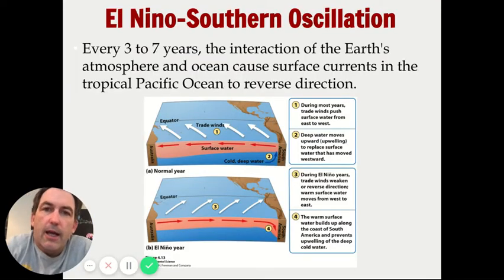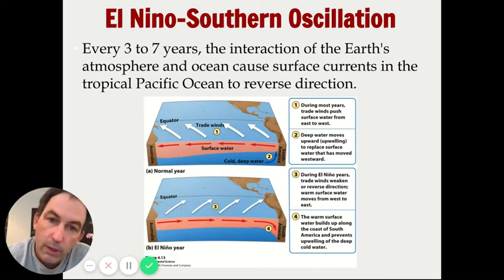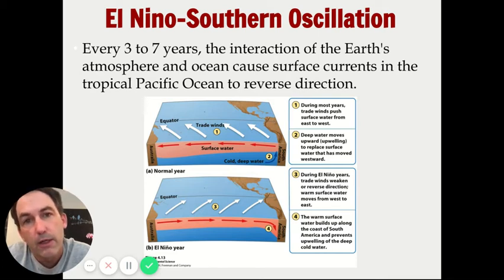Okay, another aspect of this is the idea of this oscillation that occurs. Oscillation is essentially flipping back and forth between two states. In the Pacific Ocean, there's this condition where equatorial trade winds may blow toward the coast of South America and pile warm water along the coast, or away from the coast of South America and toward the west, and bring warm surface water away from the equatorial coast of South America.